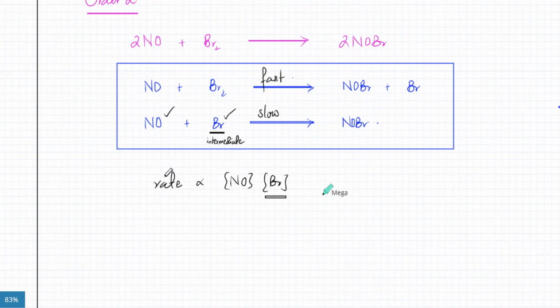So when I say that the rate is dependent on this intermediate, it's indirectly dependent on the previous step as well. Br itself is dependent on the concentration of Br2 and NO, so I should replace Br by NO and Br2.